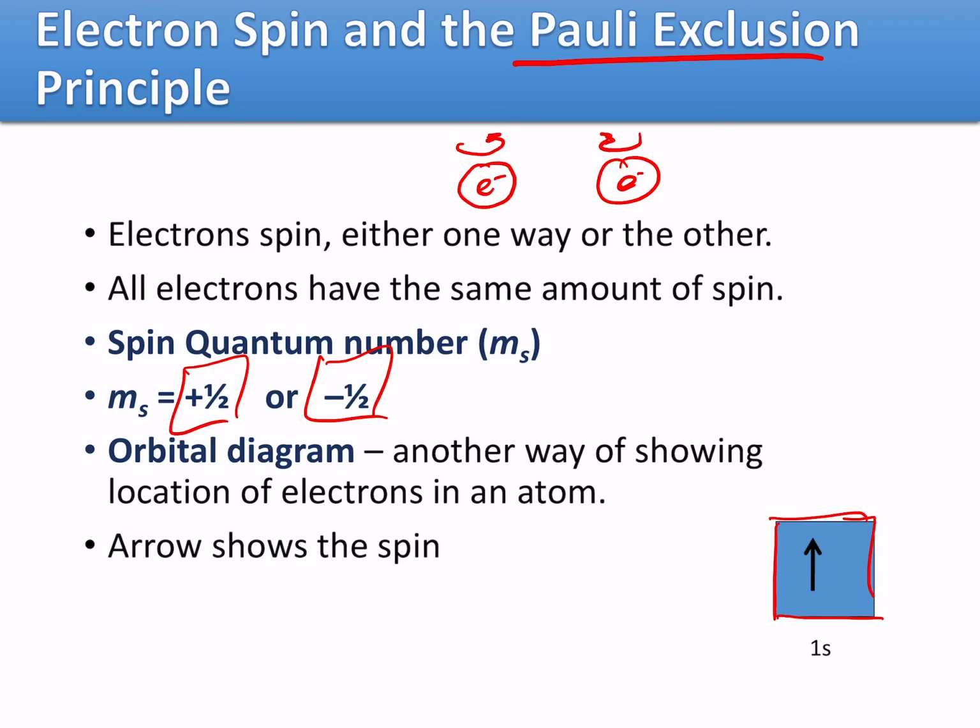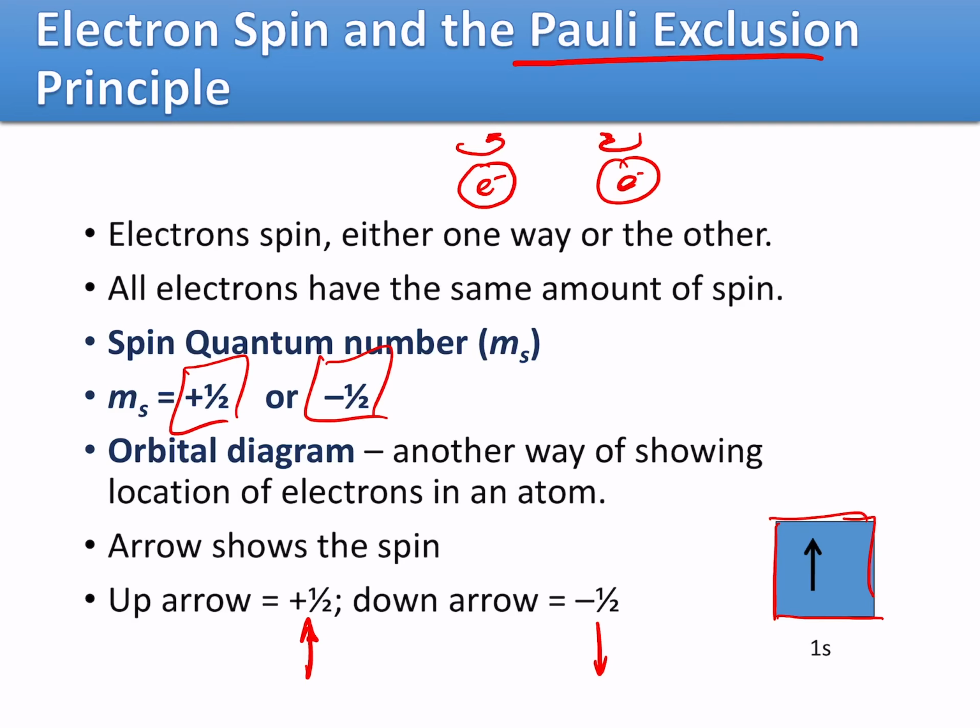If the arrow is pointing up, it's going to be +1/2. If the arrow is pointing down, the spin is going to be -1/2. Is there any requirement to put it up or down? It doesn't really matter. Just by convention, usually you put it pointing up, but it doesn't really matter.